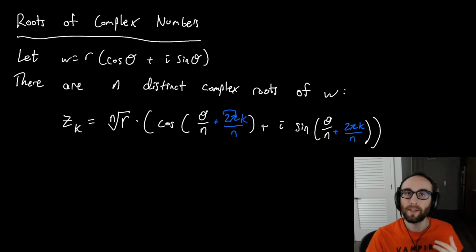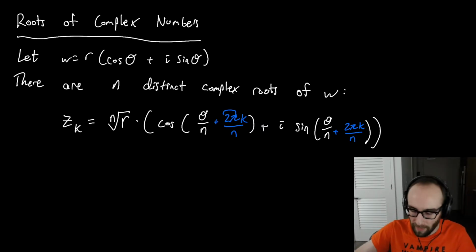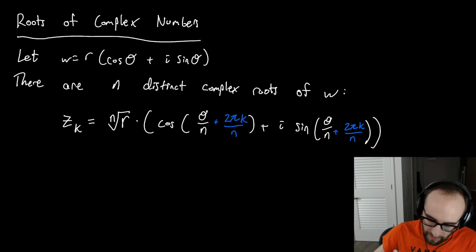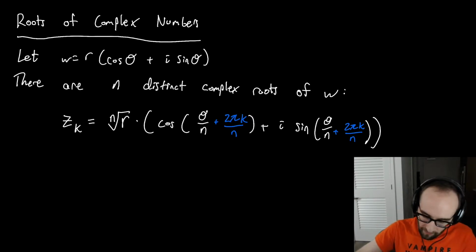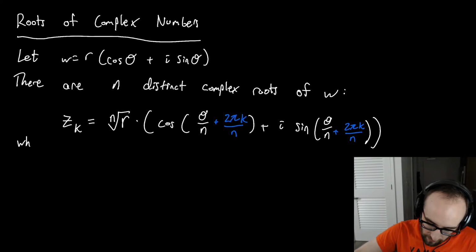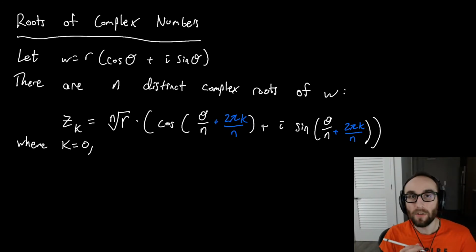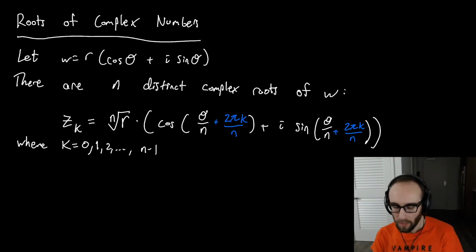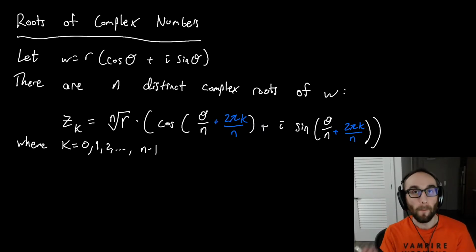If we use degrees, it's going to be 360 degrees instead of 2 pi. And this is connected to k, so notice we have z sub k. All of the roots are given by this formula, where k starts at 0 and ends 1 less than n. So 0, 1, 2, and so on until we get to n minus 1. And that gives us n number of roots.